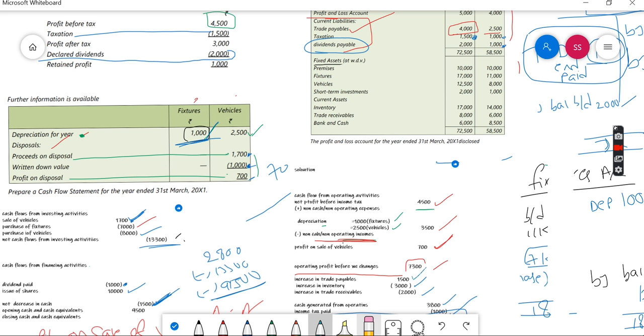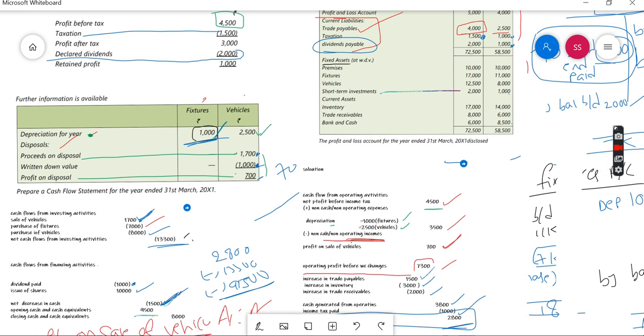Yeah, so opening cash is 8500 and then opening short term investment is 1000. So 8500 plus 1000, total 9500. 9500 minus 1500, the net decrease in cash is minus 1500, and you will get the closing as 8000.